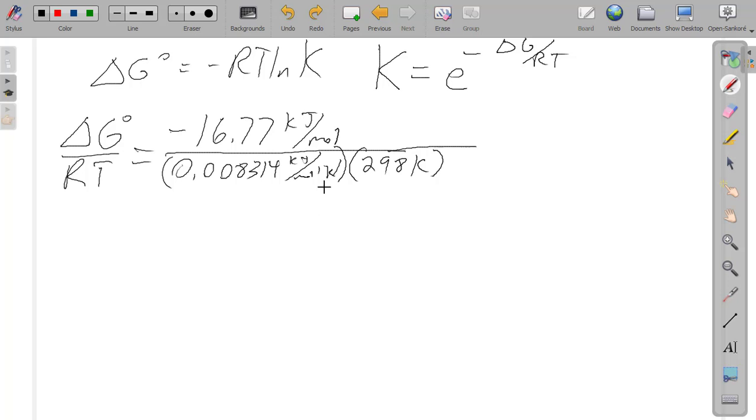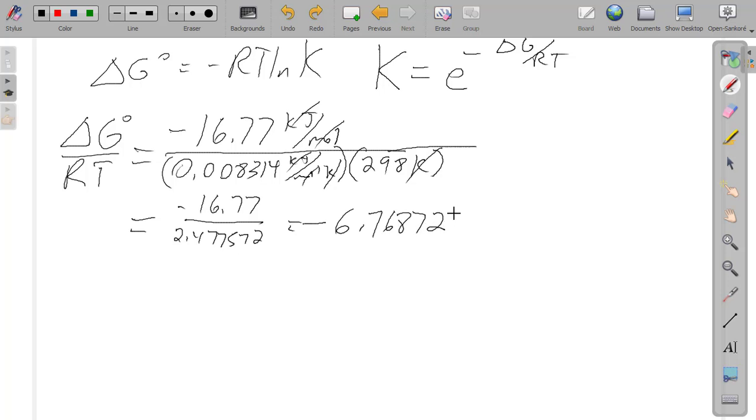All right, so we see the Kelvin cancels, the moles cancel, and the kilojoules cancel, and that's what we want because in order to do the log, we really want it to be dimensionless. So when we do this, we get an intermediate value, minus 16.77 over 2.477572, which gives us overall minus 6.768723573.